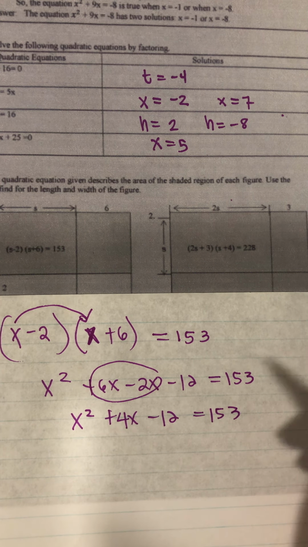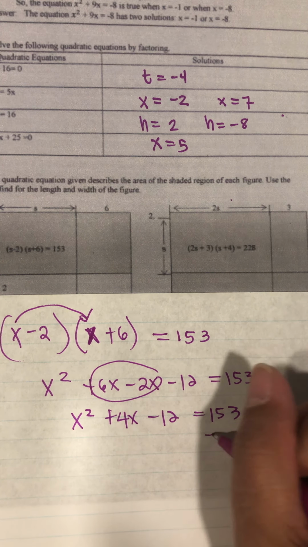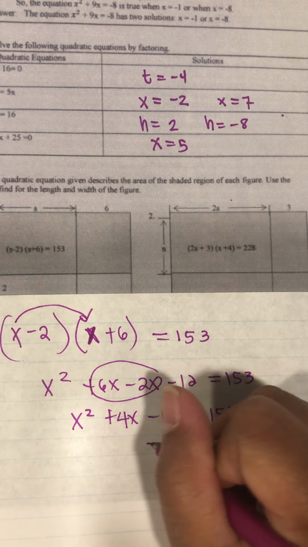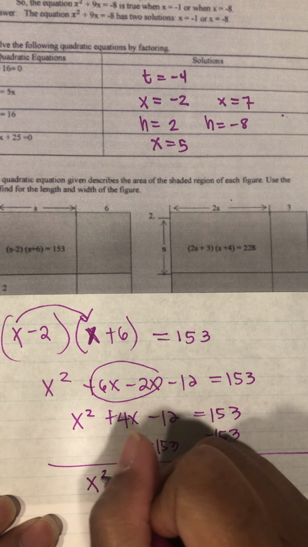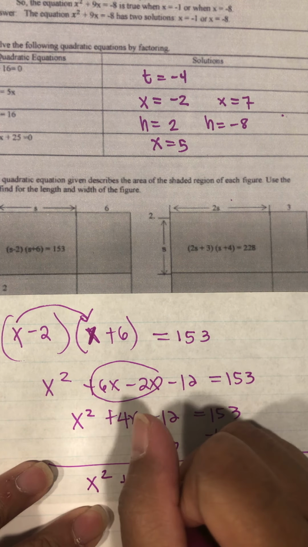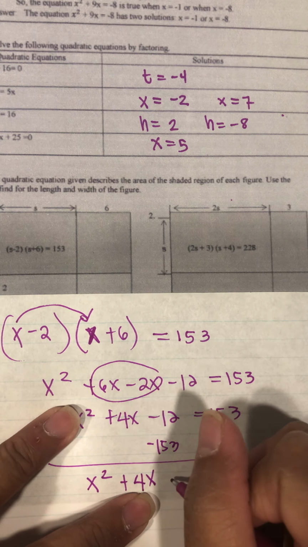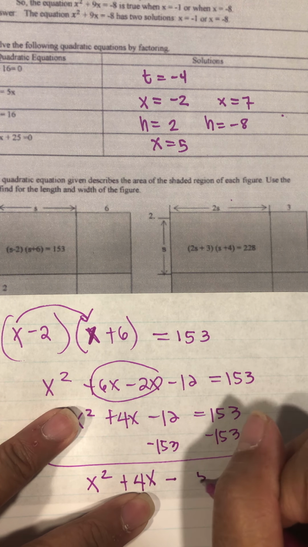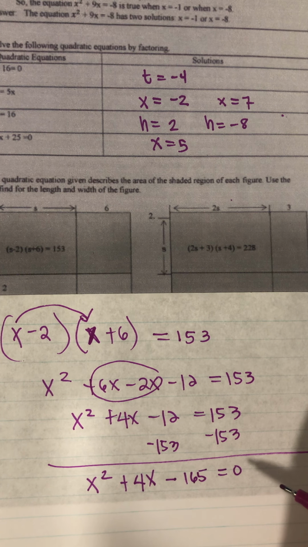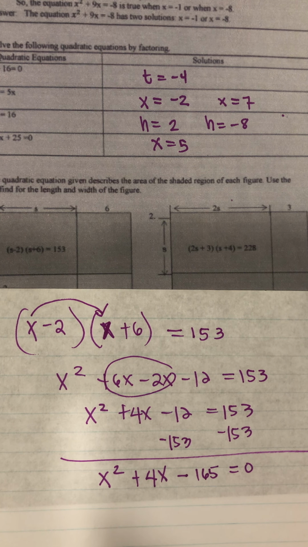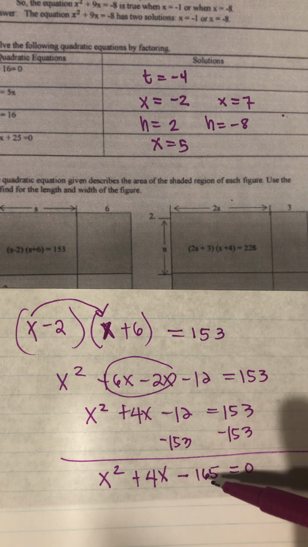All right, now we're gonna make this 0 over here. So minus 153, minus 153. X squared plus 4x minus 165 equals 0. Now, in this case, this is another equation wherein we cannot use that strategy we just learned.